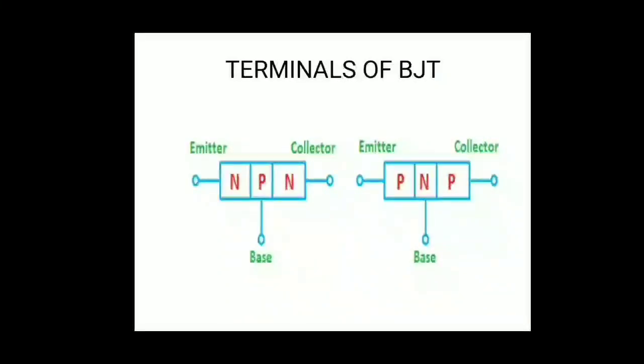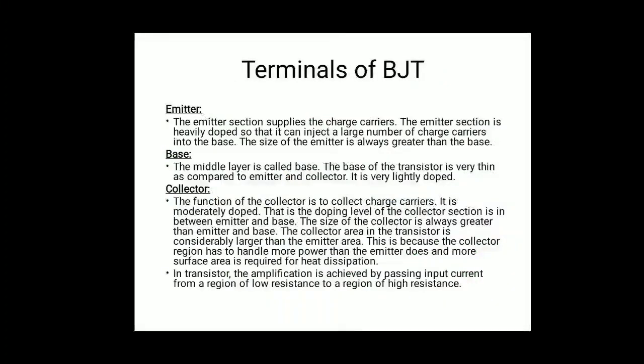The impurity atoms depend upon silicon and germanium and can vary. For example, phosphorus, antimony and arsenic are used as impurity atoms in BJT. So the emitter is heavily doped, the base is lightly doped, and the collector is moderately doped.